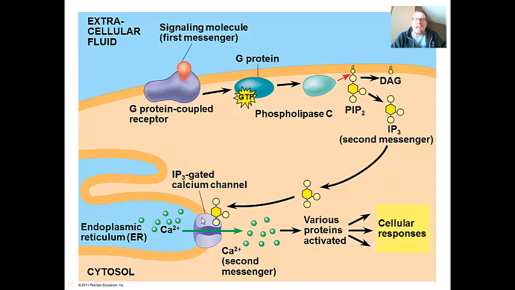That then activates the ligand-gated calcium channel in the endoplasmic reticulum that releases the calcium, which diffuses through. This is the second messenger that activates various proteins, and you get a big cellular response.